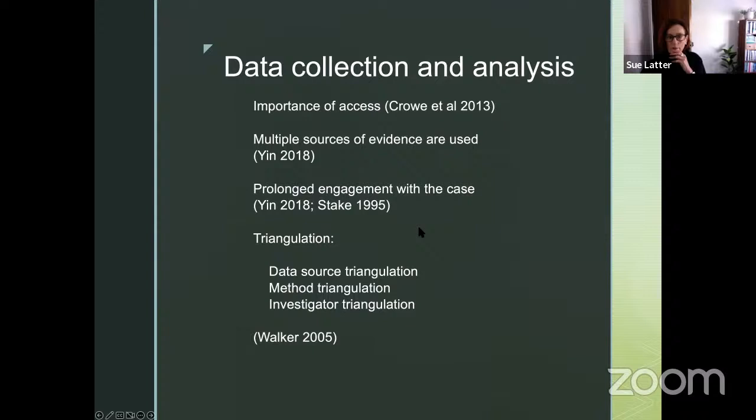So you're also going to be thinking about multiple sources of evidence. Case studies are not really single data designs. So in the ACT-Med study, the one I'm talking about, which was about end-of-life medicines, what did we do?